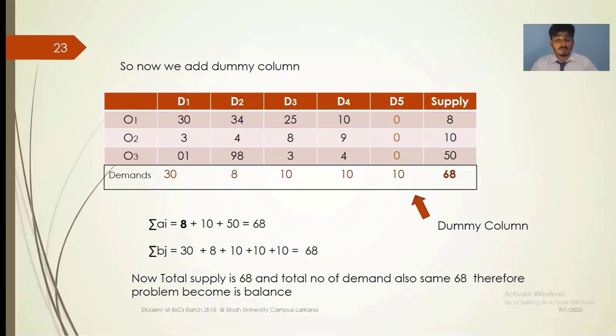Therefore the problem becomes balanced. So this is the example of a balanced transportation problem.